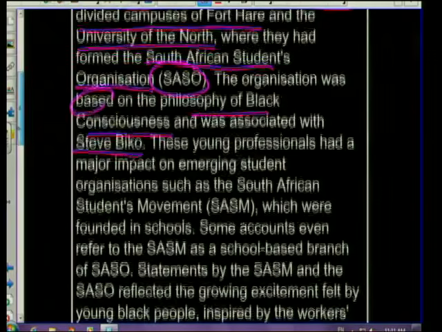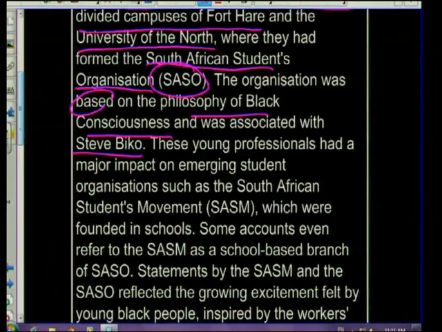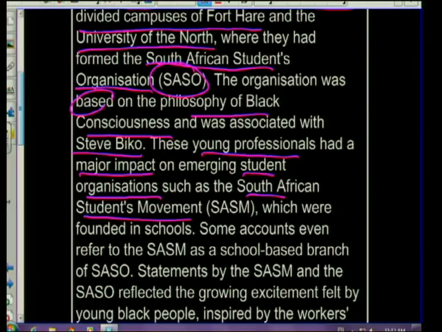Moving on to other important information, it speaks about young professionals having a major impact on emerging student organization, such as the South African Student Movement. The abbreviation for that is the SASM, which were founded in schools.